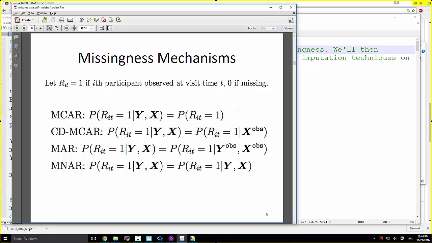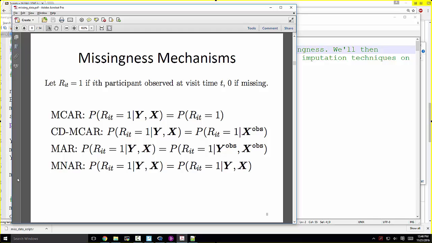If MCAR is what's driving missing data in our data set, then every individual and every attempted observation in our data set has the same probability of being missing. It's not that the sicker patients are more likely to be missing. It's not that the older people are more likely to be missing or anything like that. Completely random.